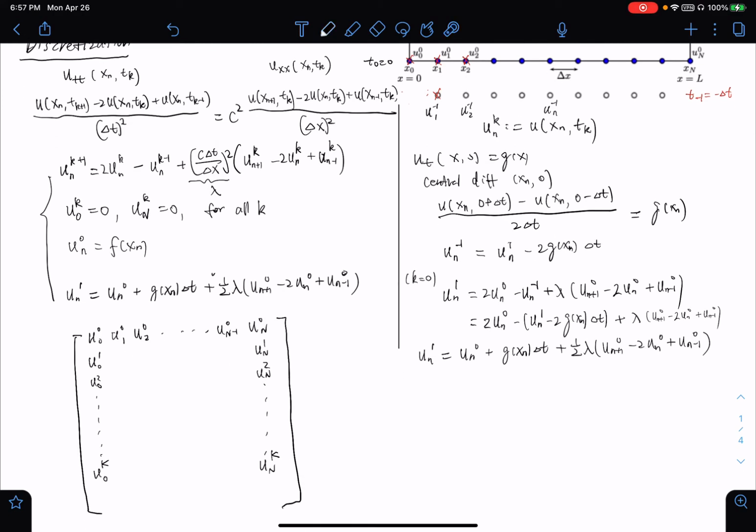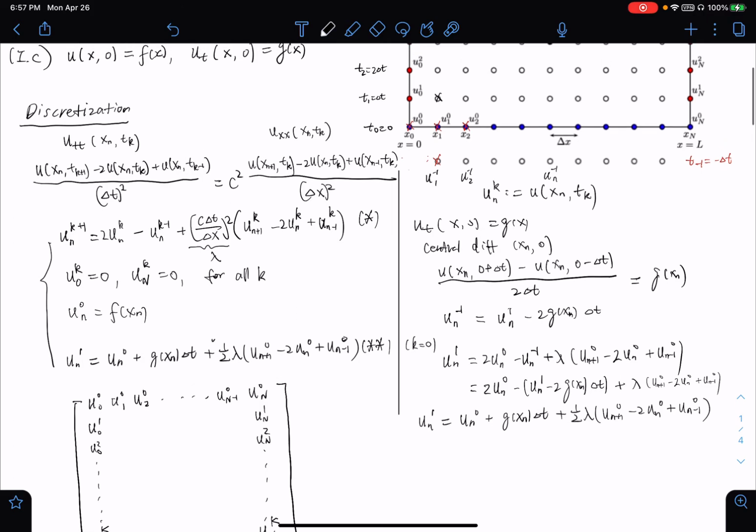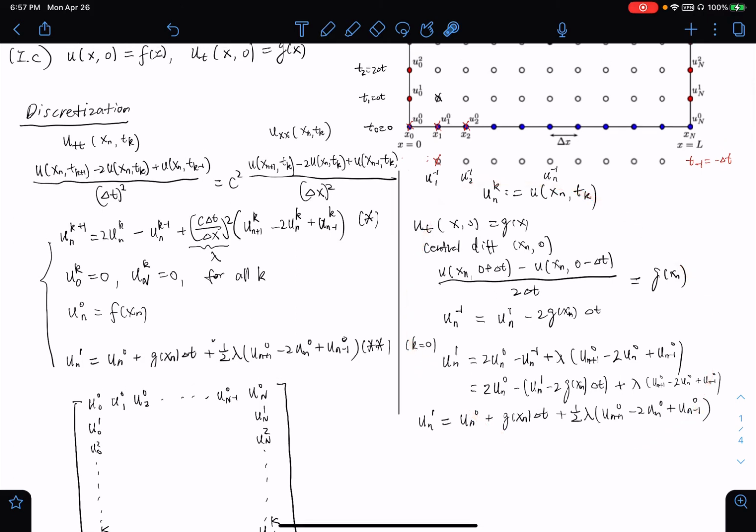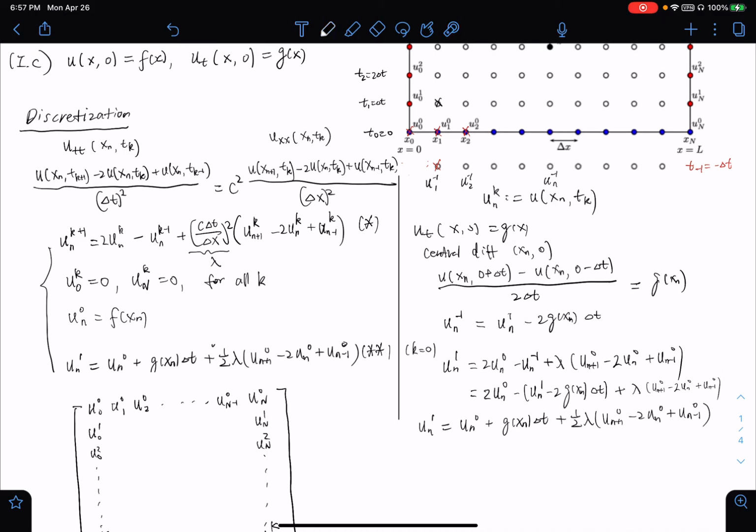So now let me call this recursion formula star and this recursion formula star star. What we have described on this part is that we can apply the recursion formula star star to determine the second row and similar second row here.